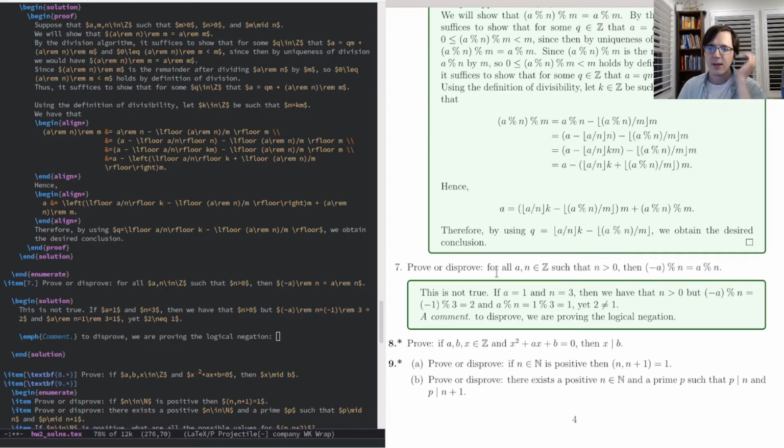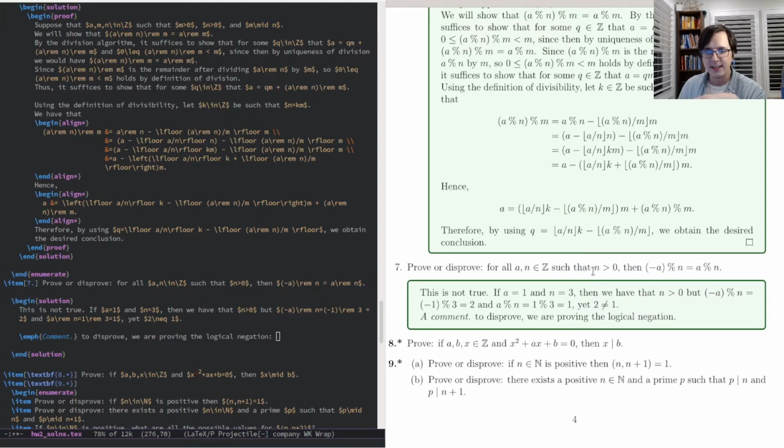One thing to note is that when you have a for all, it's for all a an integer and for all n an integer, if n is greater than 0, then the conclusion. When we logically negate for alls, they become there exists, and then we negate the inside.